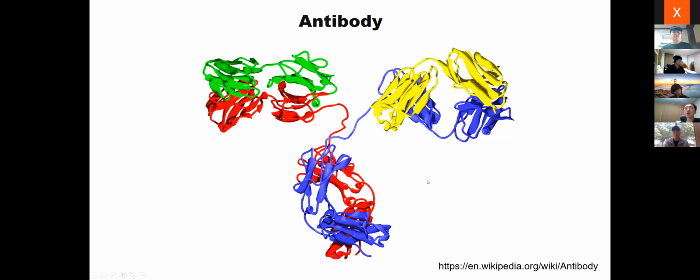Now, this is the general shape of an antibody. As you can see here, this is one big one, and exactly the same one, the blue one here. So this is one heavy chain, this is another heavy chain, one light chain, one light chain.